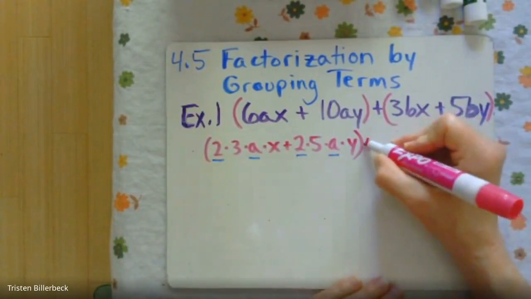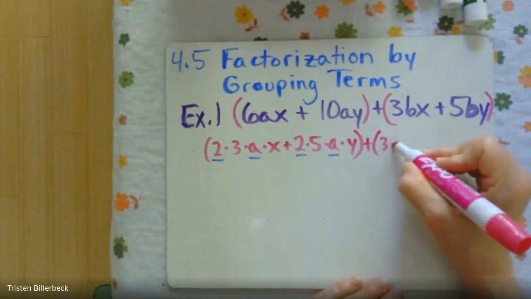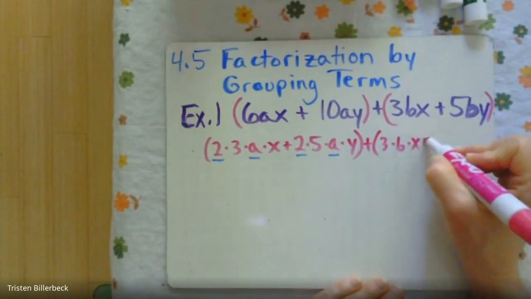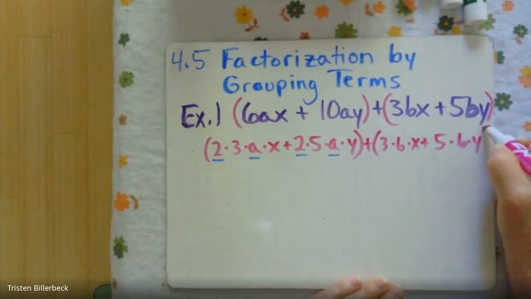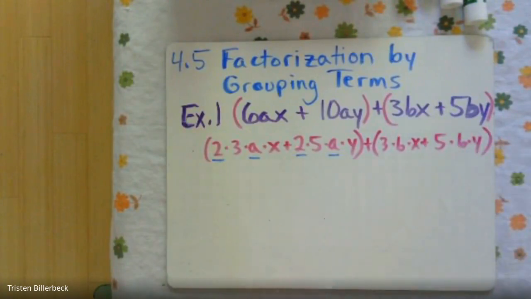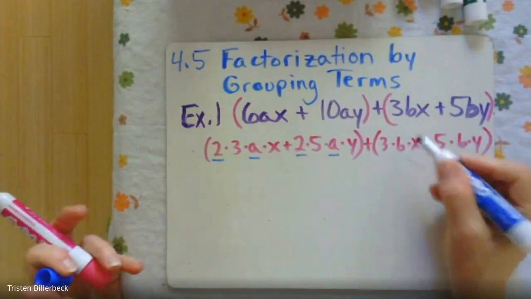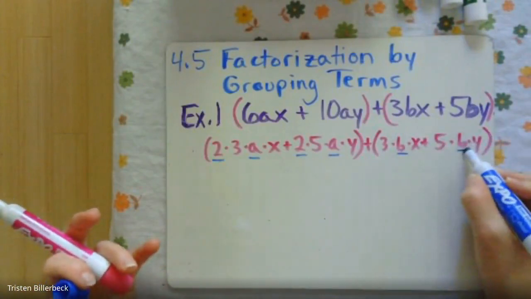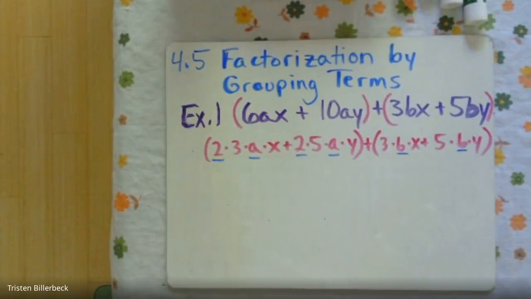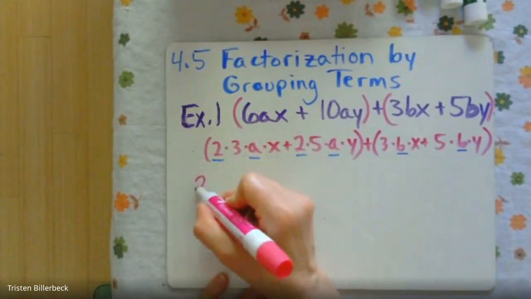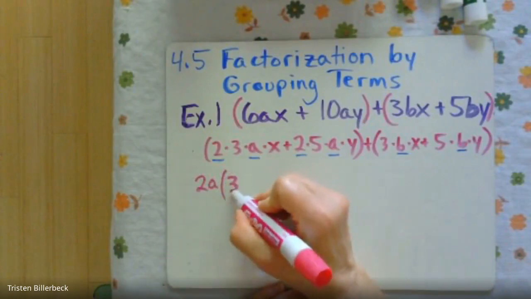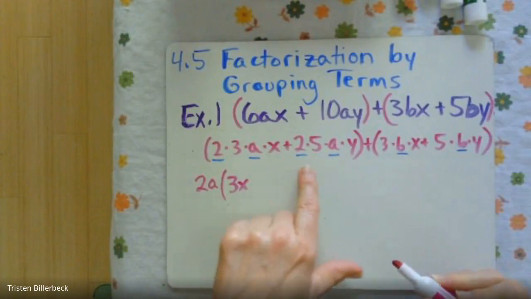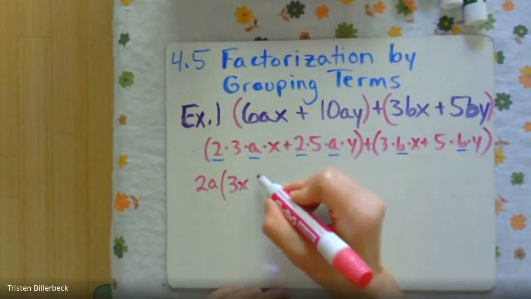Let's look at this one: 3 times b times x plus 5 times b times y. We don't have so many things that are the same, but we could take a b out. So let's take the a's out of this one. We have 2a, and that leaves us 3x, and over here we have 5y.